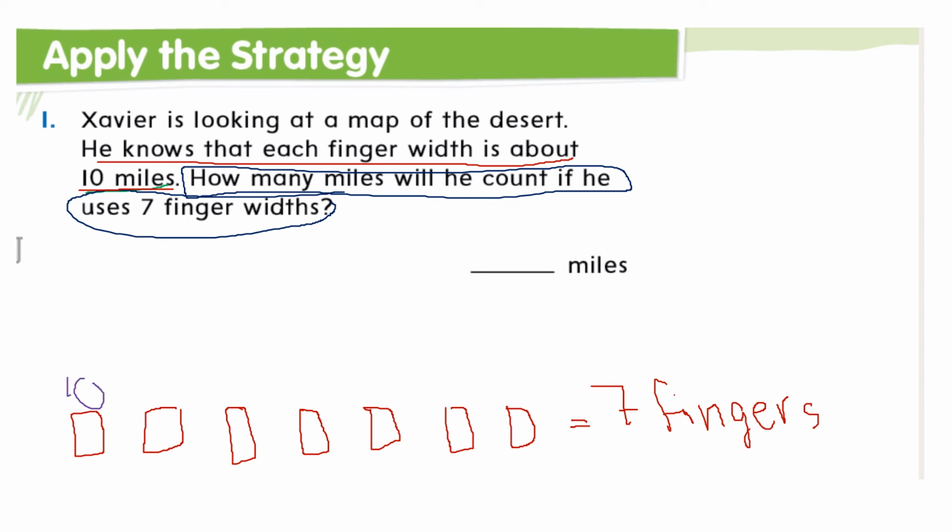So 10, 20, 30, 40, 50, 60, 70. So how many miles will he count if he's going to use 7 finger widths? The answer is 70 miles.